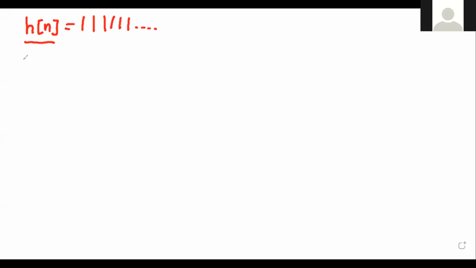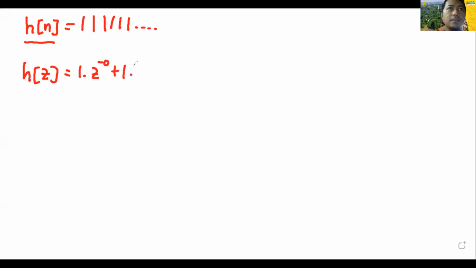Using the Z transform, we can write it like this. It is like a delay: 1 multiplied by z to the power of 0, plus 1 z to the minus 1, 1 z to the minus 2, and 1 z to the minus 3, and so on.